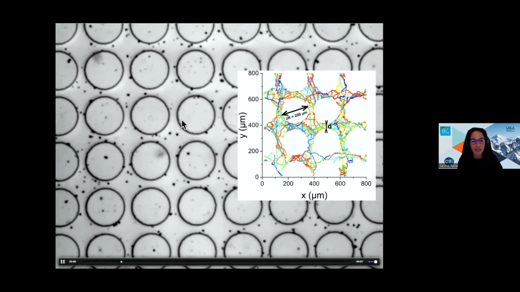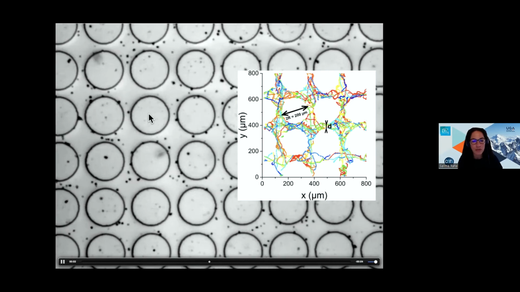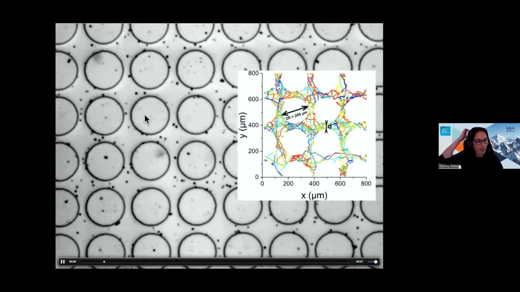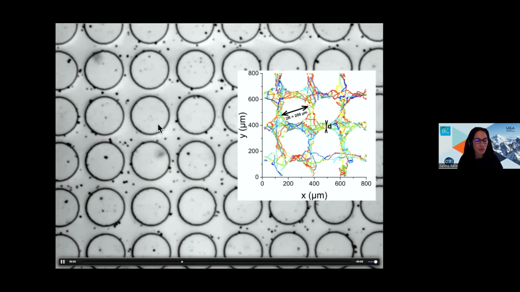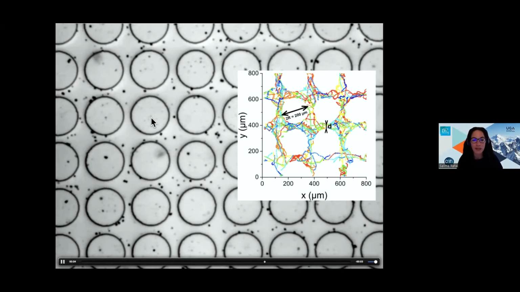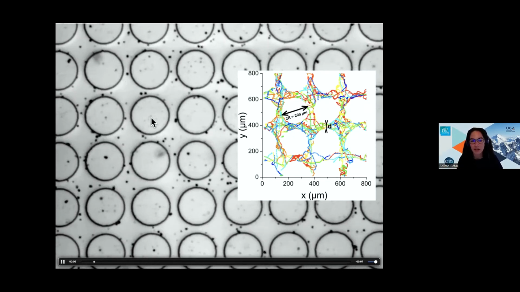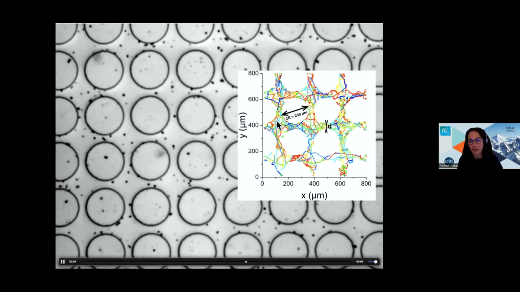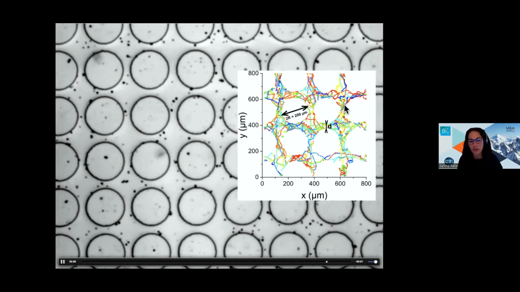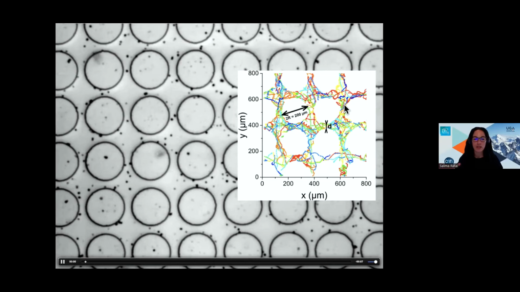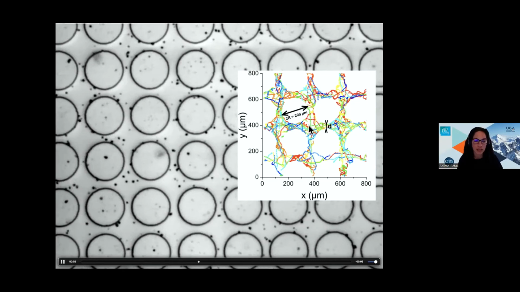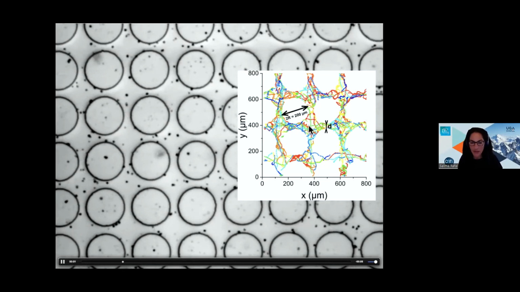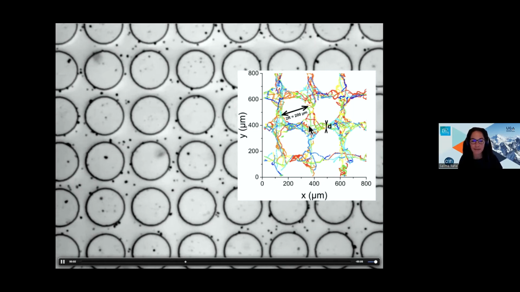We look at the particles inside the complex medium formed here. It's a microfabricated medium of cylindrical pillars, where we can vary the distance between the pillars. Then we can track all the particles again in a 2D projection. We don't have 3D tracking, but it's not necessary for what I will present.